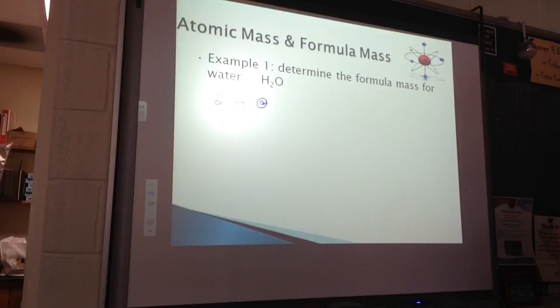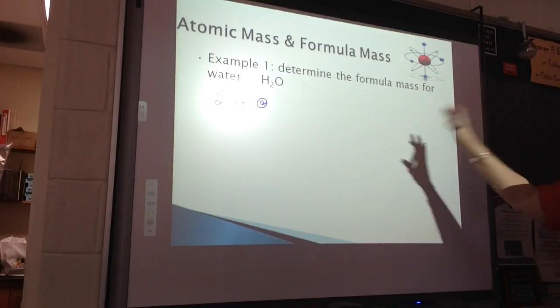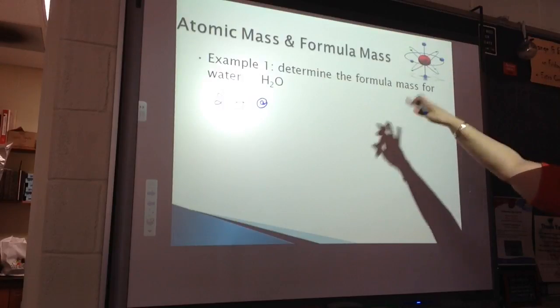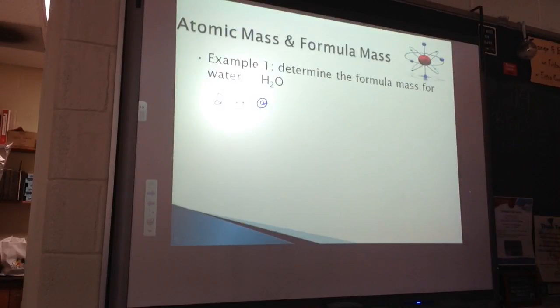When we are doing atomic mass, formula mass, molar mass, which we'll get to tomorrow, when we're doing all of this, if you are working with the atomic mass from the periodic table, for me, and this will serve you just fine on the SOL test. It will also serve you well in college chemistry.